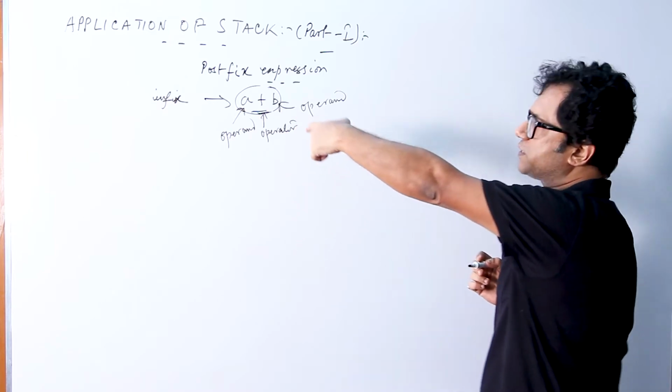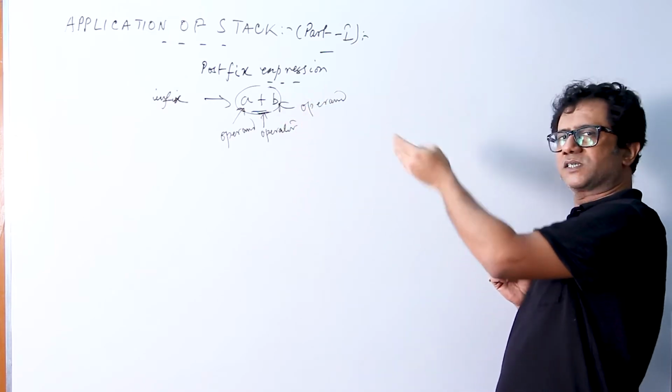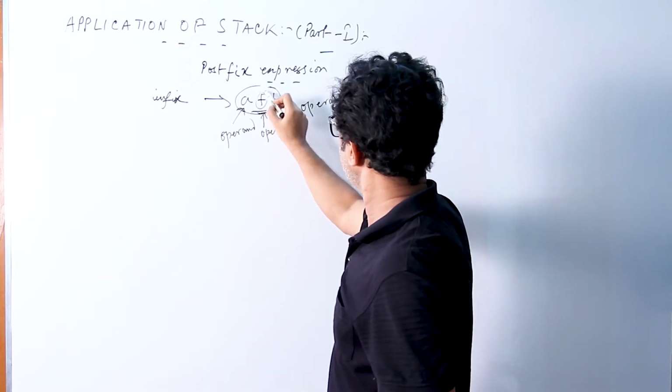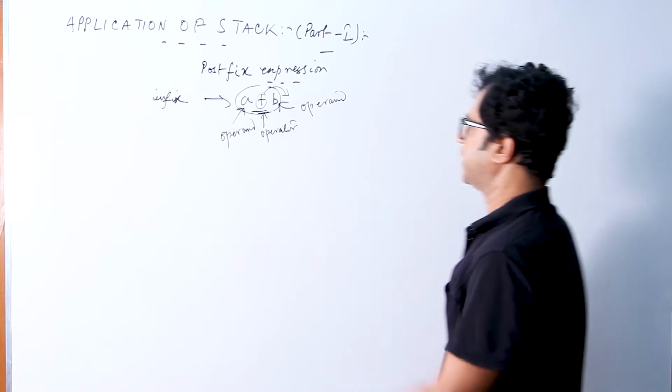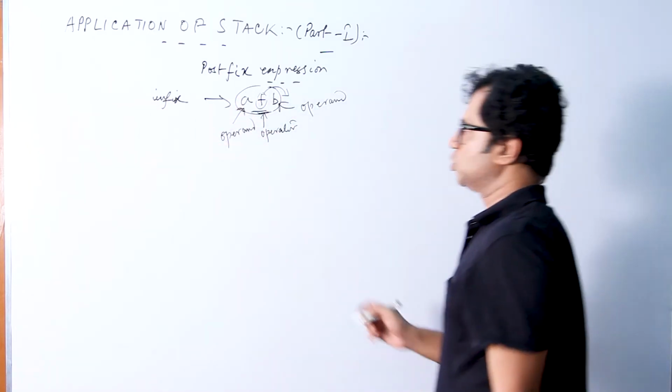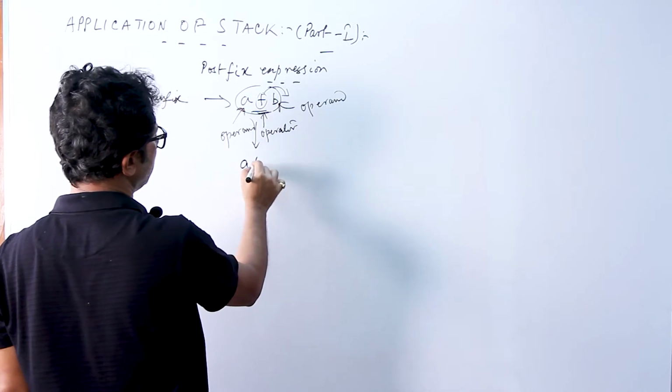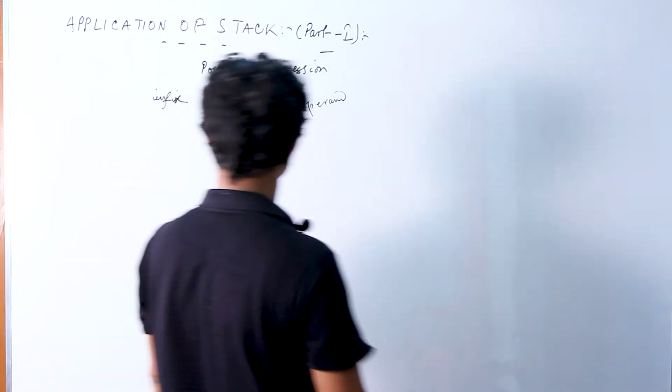And what is a postfix expression? Post means after something. So in the postfix expression, this plus will go to the right side of these two operands. The equivalent postfix expression for this one will be AB plus.